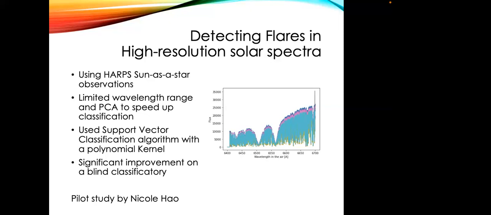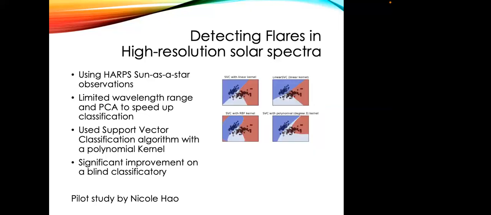And we used a support vector classification algorithm with a polynomial kernel. This is just a way we're classifying our HARPS spectra to start out with into strong flares, weak flares, or no flares. The support vector classification basically just draws decision boundaries between the 3 groups.